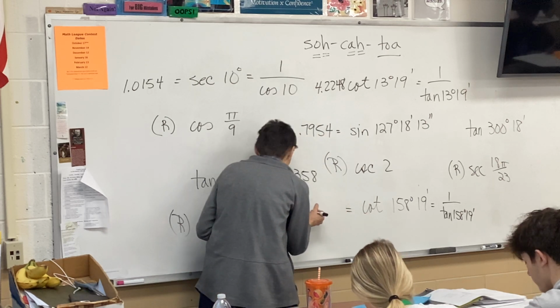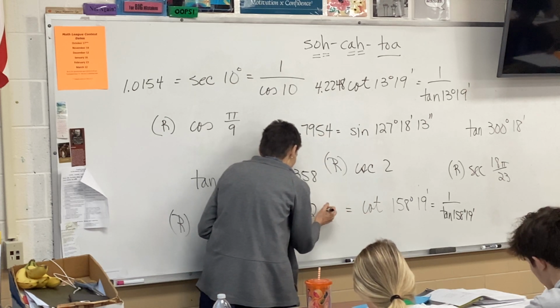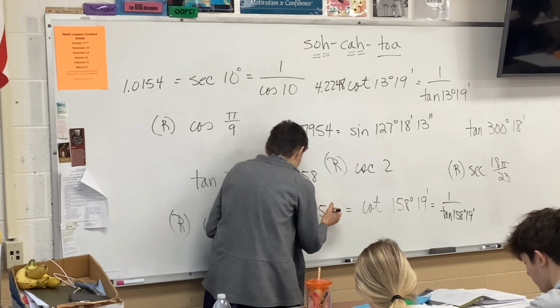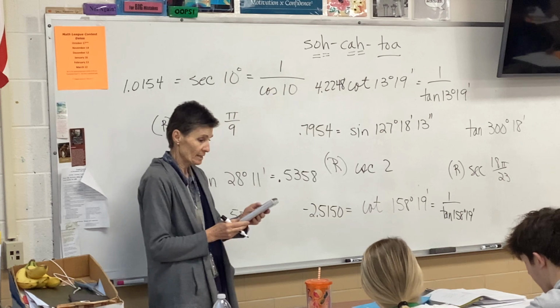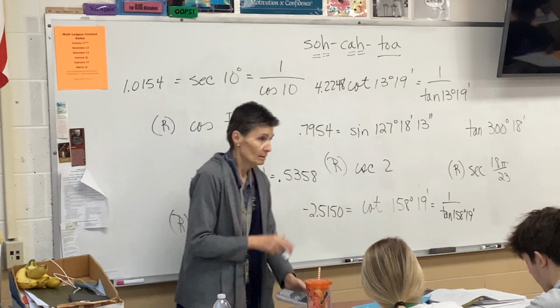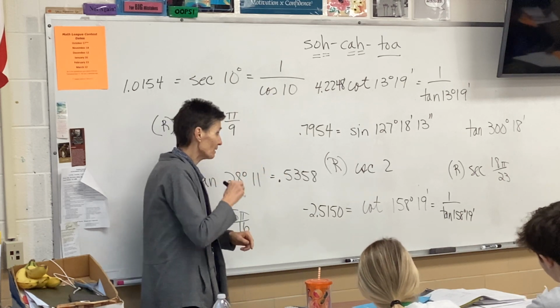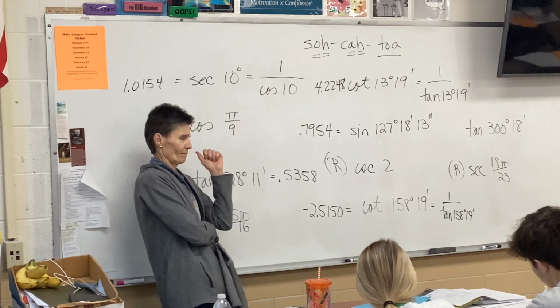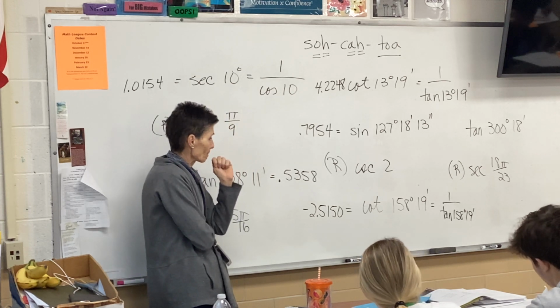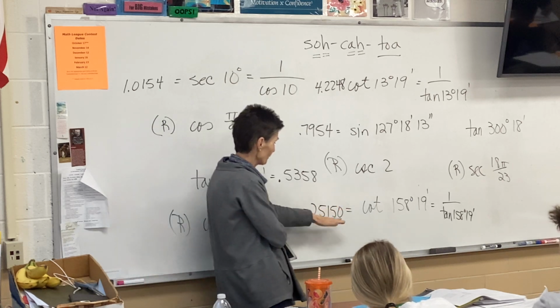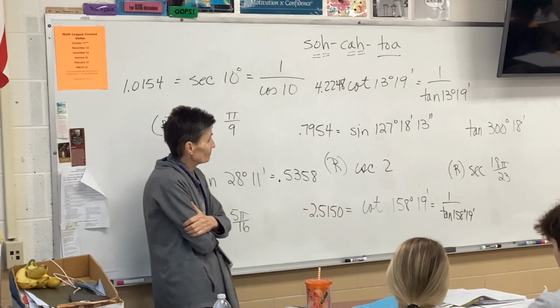Did you get a negative? Yeah. That's okay. Half your trig values are gonna be negative. Get used to it. It's perfectly okay. We'll learn it. We'll figure it out. But right now, trust the calculator. That's your answer.